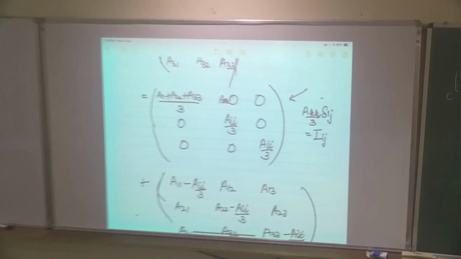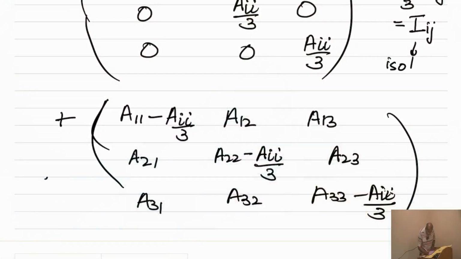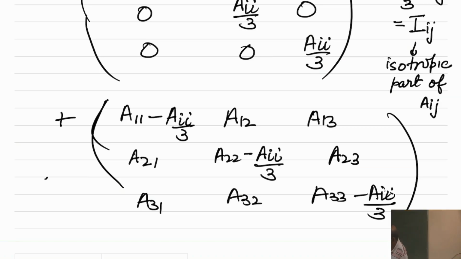Okay. So this is what this looks like, and this part Iij is what we call the isotropic part of Aij. Now the second part, this is the remaining part.